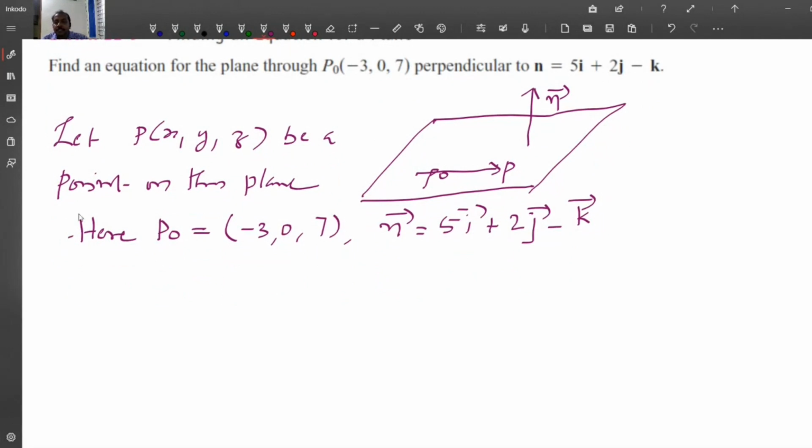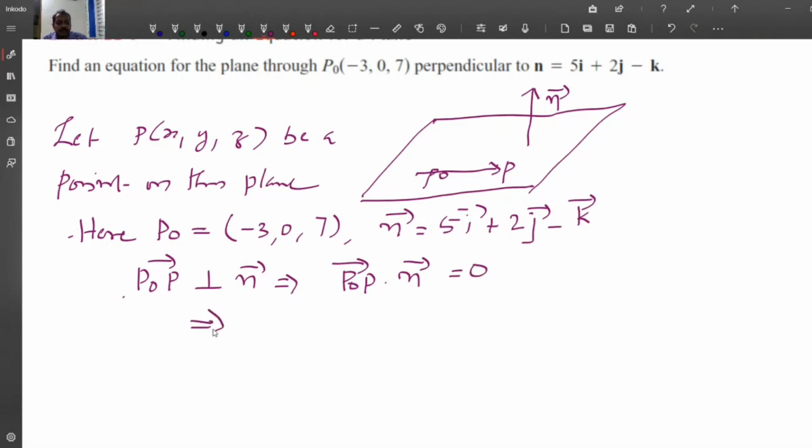We have vector p naught p is orthogonal to n, so this implies vector p naught p dot n is equal to 0.